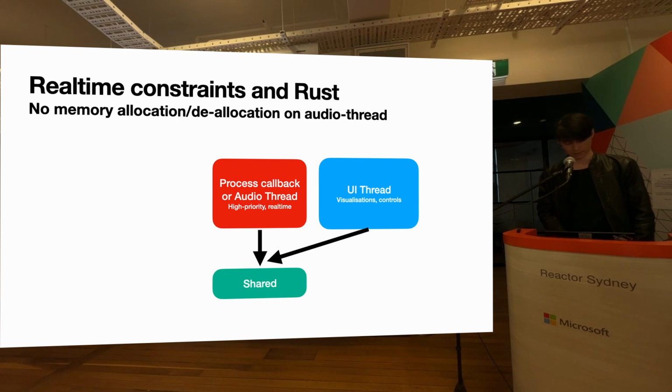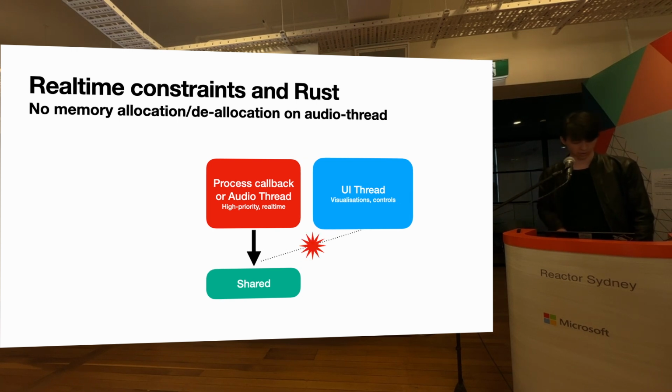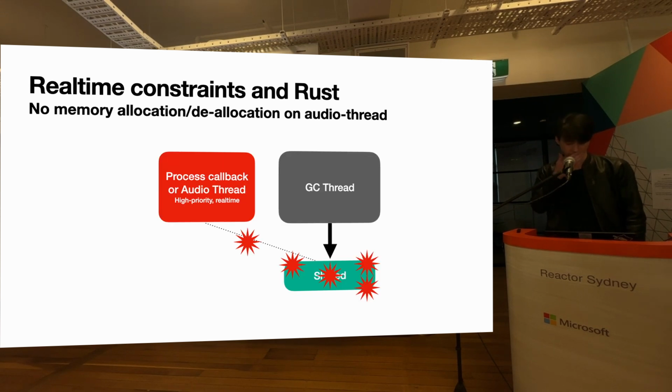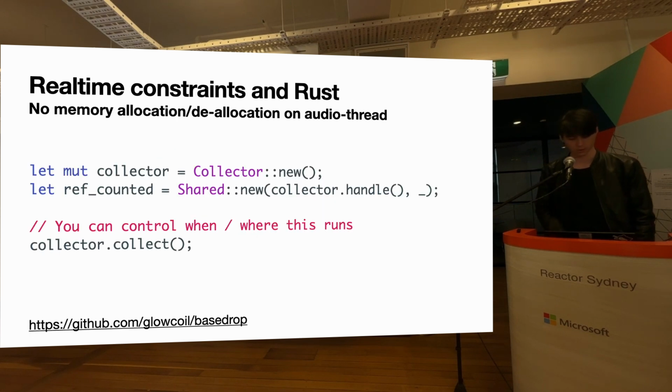But the problem is that if the UI thread drops the reference, and then later the audio thread also isn't using that piece of data, then you're going to drop it on the audio thread, and you don't really want it to be dropped on the audio thread. So instead, you would want that shared pointer to be transferred to some other thread that will do the cleanup.